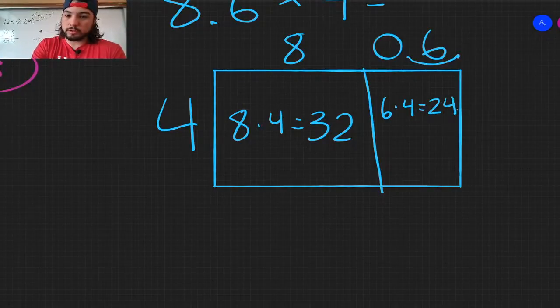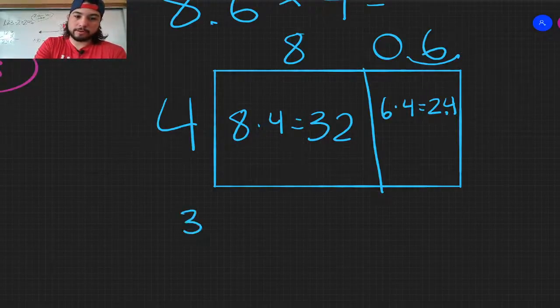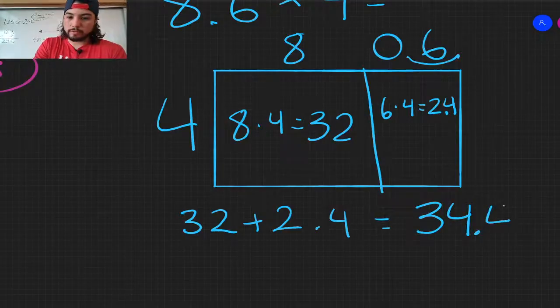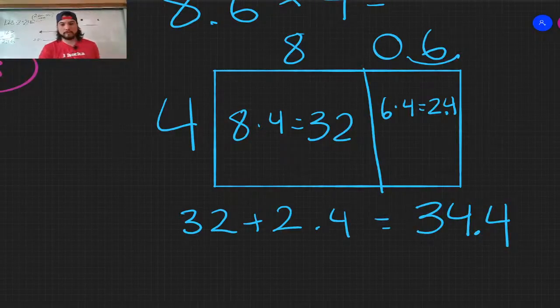And then we'll put the decimal point back one place for 2 and 4/10. And then we add them. 32 plus 2 and 4/10. 32 plus 2 is 34, and then we have our extra 4/10. So there we go, 34.4, or 34 and 4/10.